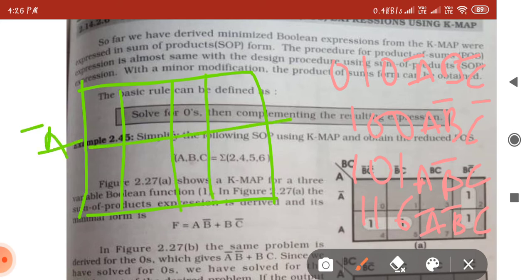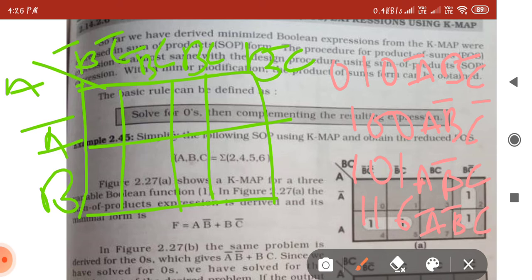Yes, A bar, B bar C bar, B bar C, B C, B C bar. This is where A B C is. Where is A bar B C bar? Here is the one.